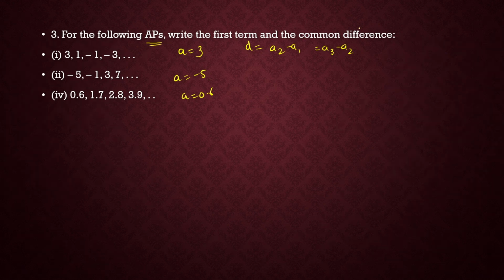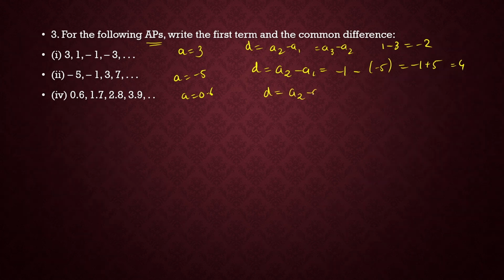It will be same. So here I'm going for 1 minus 3, that is equal to minus 2. Here D is equal to A2 minus A1, that is equal to minus 1 minus of minus 5, that is equal to minus 1 plus 5, which is equal to 4. Next, here common difference is equal to A2 minus A1, that is equal to 1.7 minus 0.6, that is equal to 1.1. Hope this section is also clear for you.